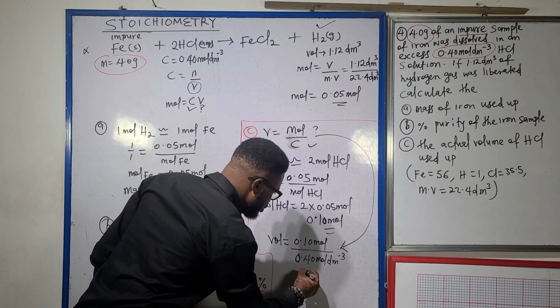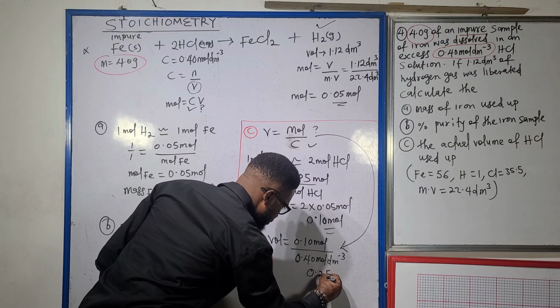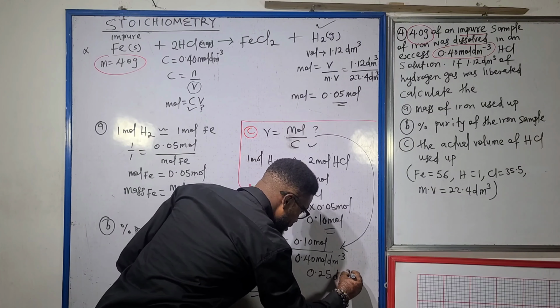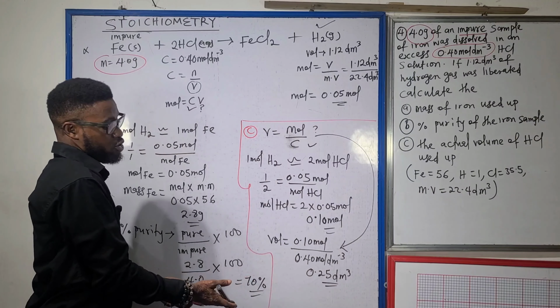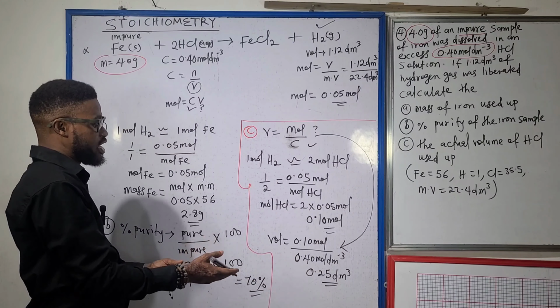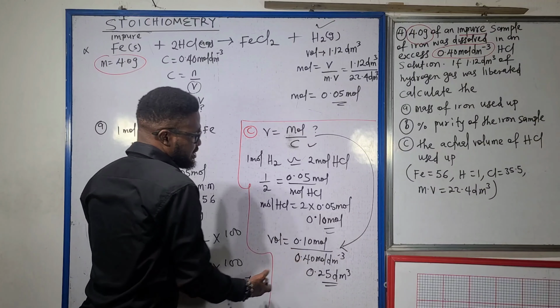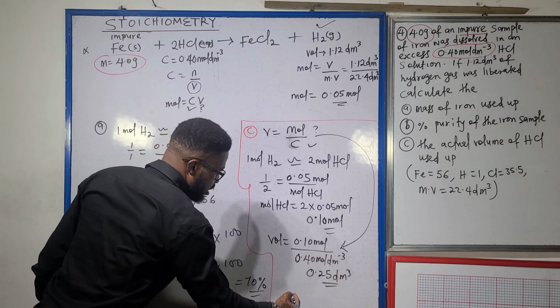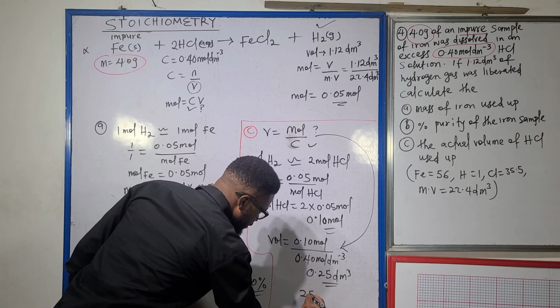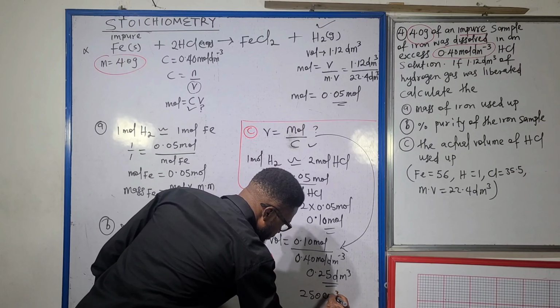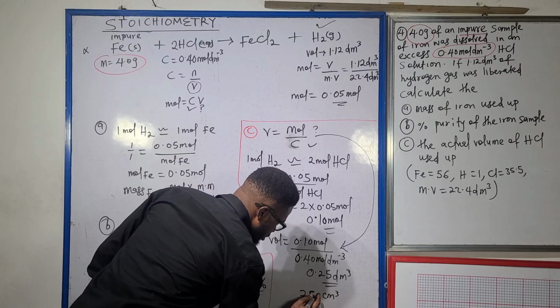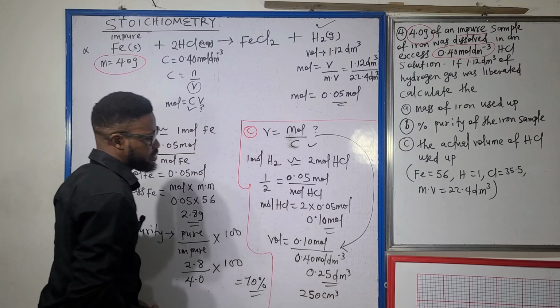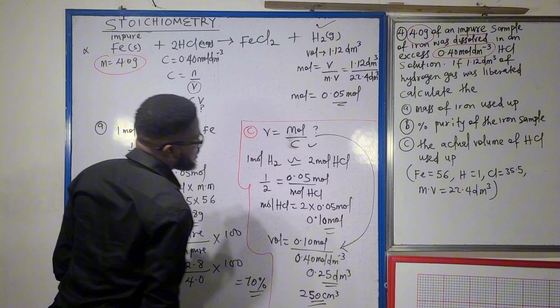That is 0.25 dm cube. This is in dm cube. I could leave my answer like this, but let's say I don't have this in my options. That means I have to multiply this by 1000, and that will give me 250 cm cube. That is the volume of HCl used up.